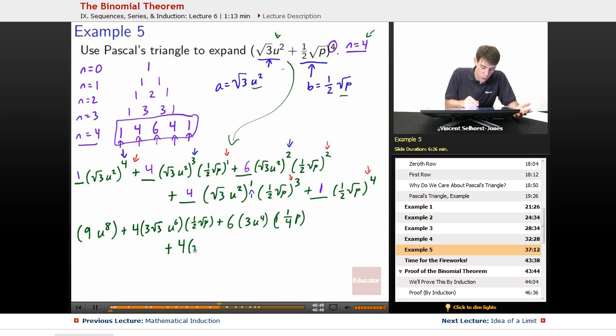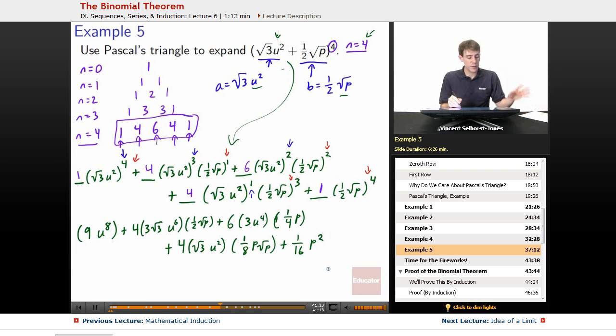Well, that just stays as root 3u squared times 1/2 root p cubed. 1/2 to the 3 is 1 over 8. Times root p cubed is p root p. And then finally, plus 1 times 1/2 root p to the 4th is going to be 1 over 16. Root p to the 4th is going to come out as p squared.